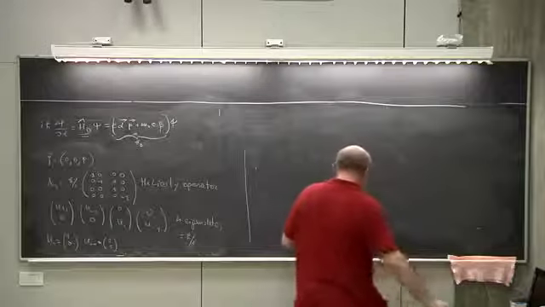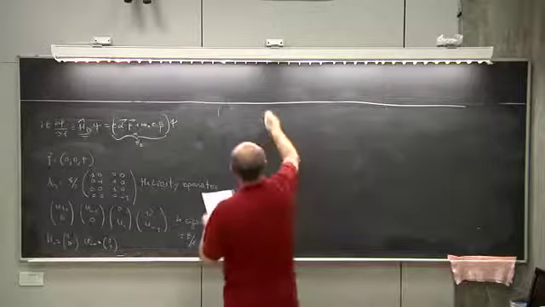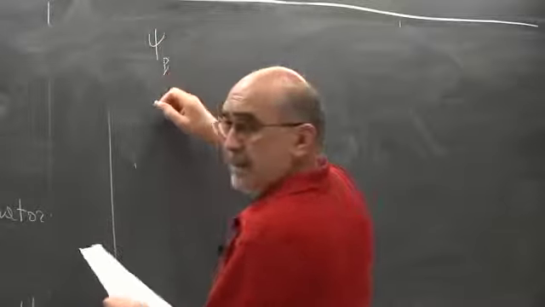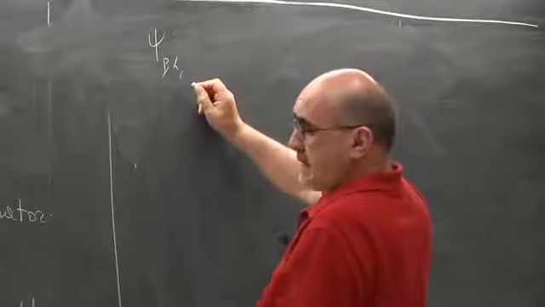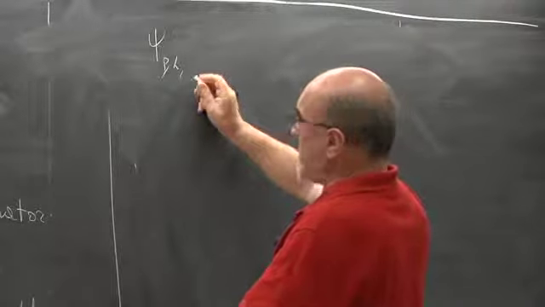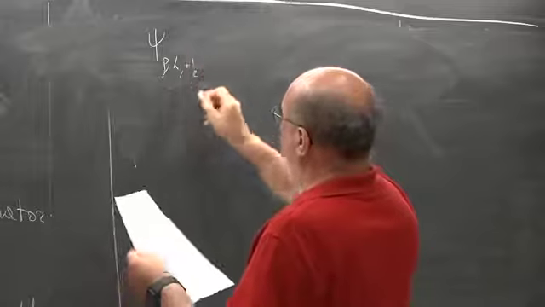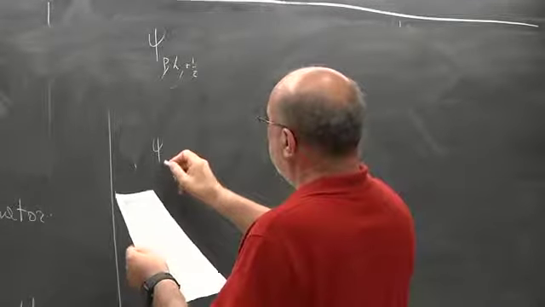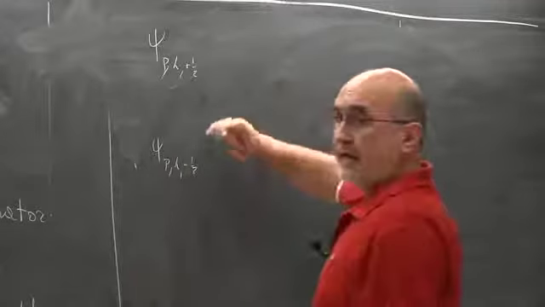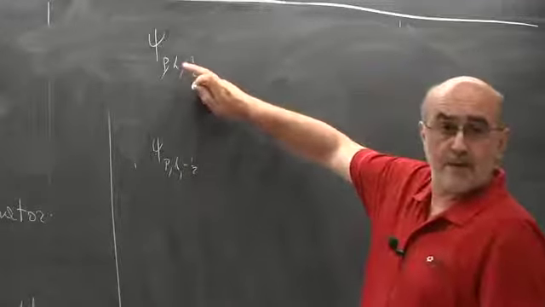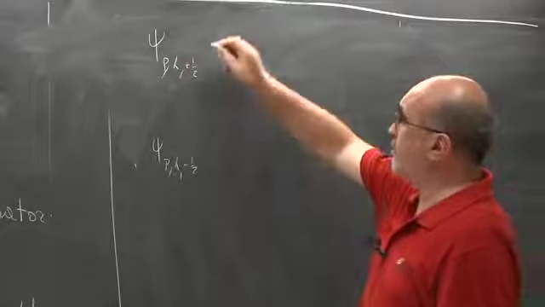Then the solutions are just the following. We have psi, P, then the two values of the energy, so we put lambda. Then we have this helicity that can be plus 1/2 or minus 1/2. You know, there are 4 because this can be plus minus 1, this plus minus 1.